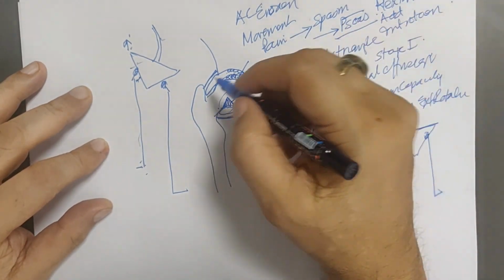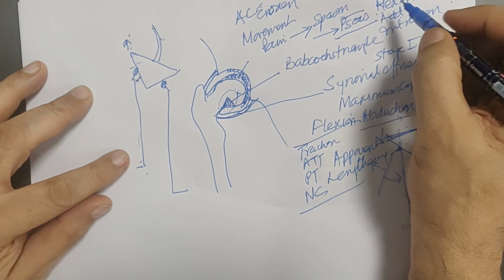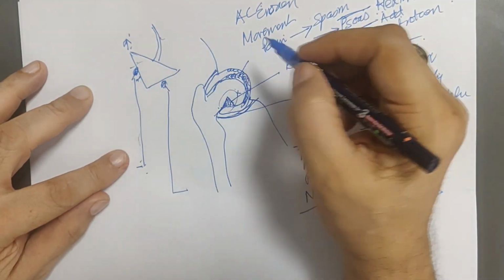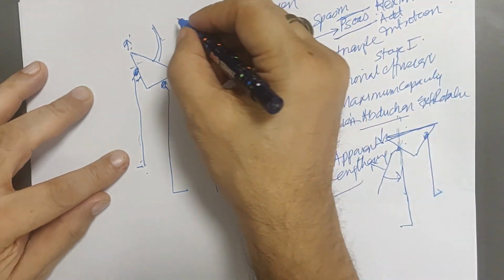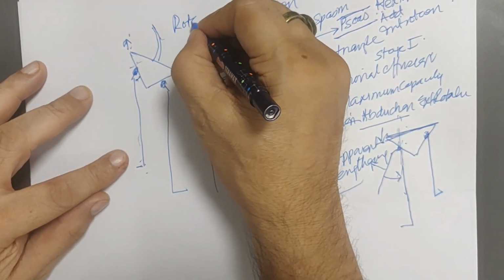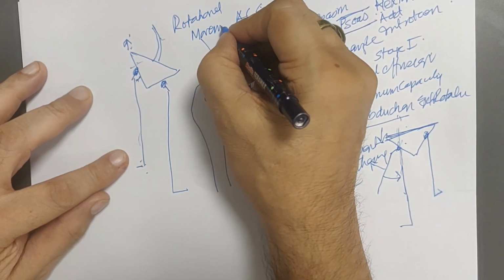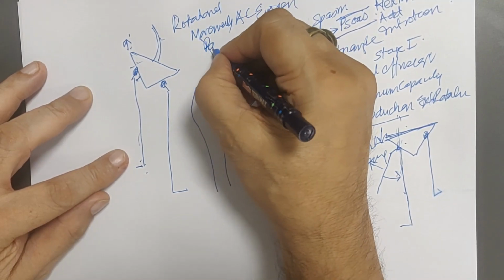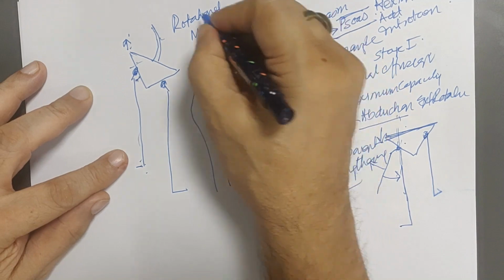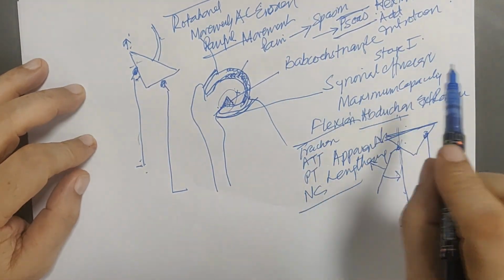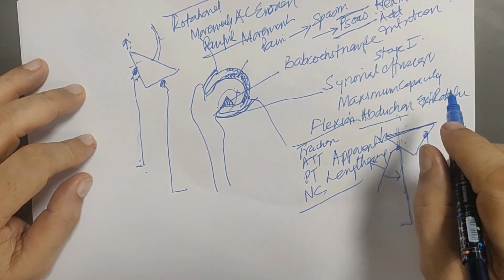So these become linked, and if you want to say that the psoas spasm is because of hip involvement, then there must be rotational movements of the hip that become very, very painful. So this is stage 2.